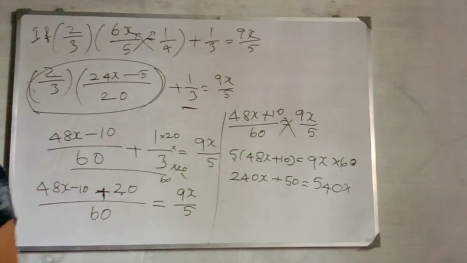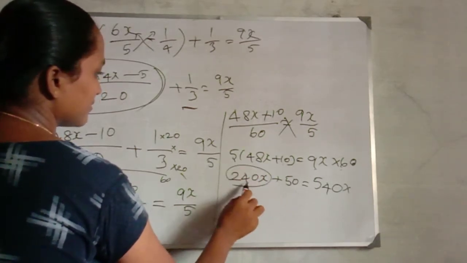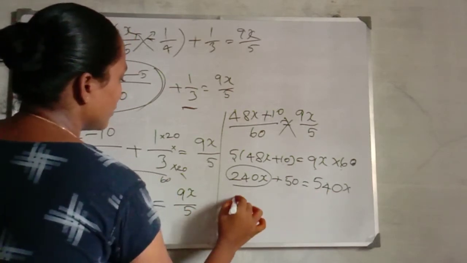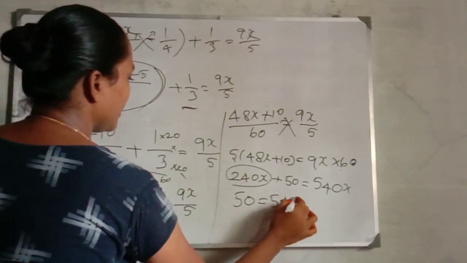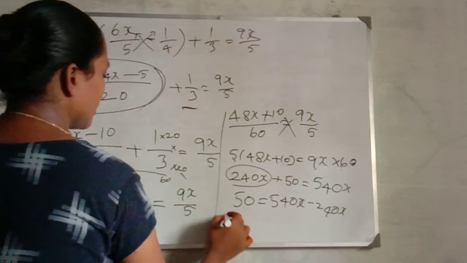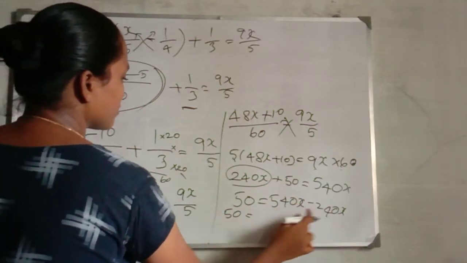Now let me take this 240x term to the opposite side of the equal. So 50 is equal to 540x minus 240x.